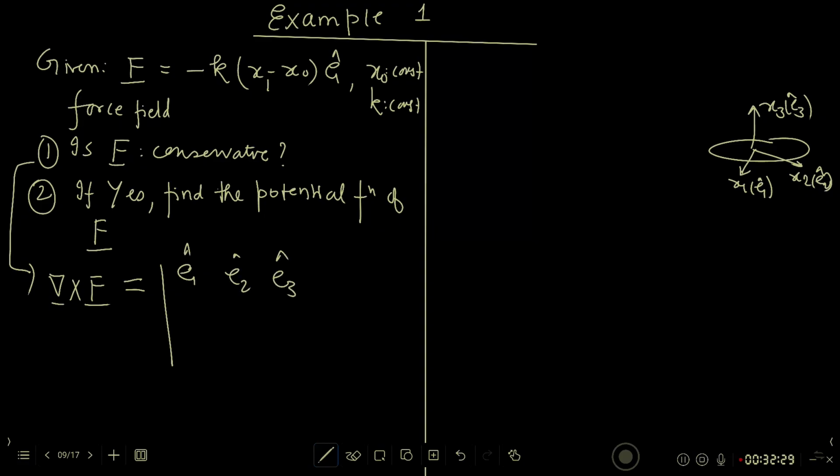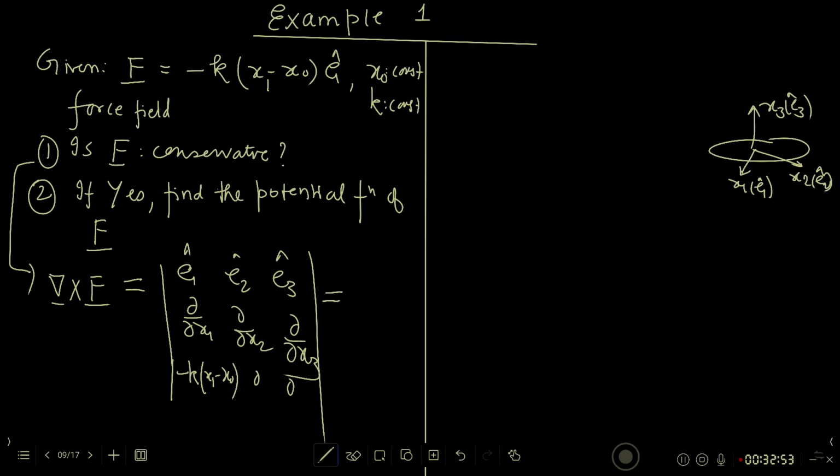Okay, this force has a component only along x1. Non-zero component is only along x1. The other two components are 0. You can check, this will turn out to be 0.